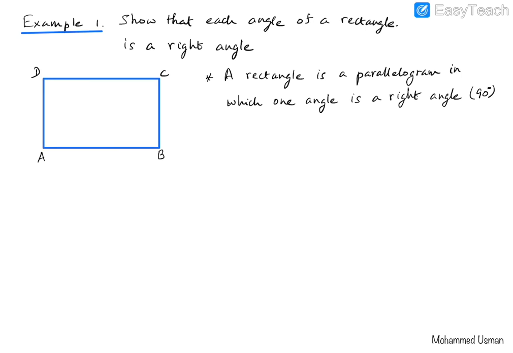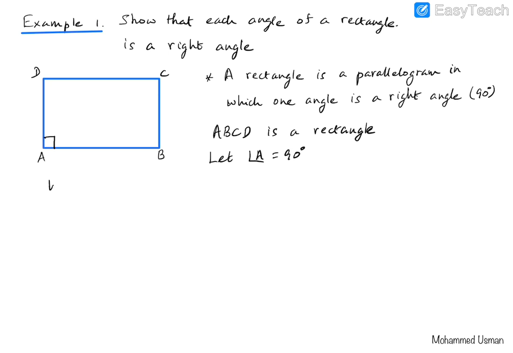So let me denote this rectangle as ABCD, in which angle A is 90 degrees. So this angle A here, let me mark that. Angle A is 90 degrees. Okay, so ABCD is a rectangle. And in this rectangle we say let angle A equals 90 degrees, and we have to show that angles B, C, and D are also 90 degrees.